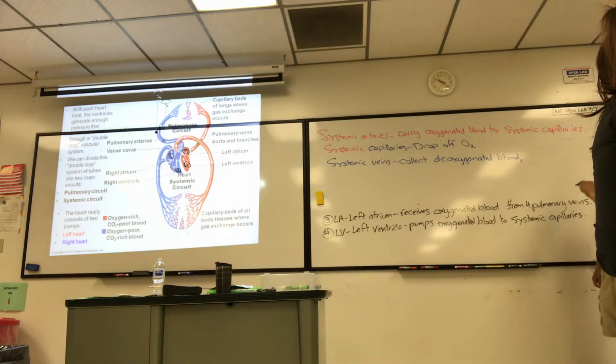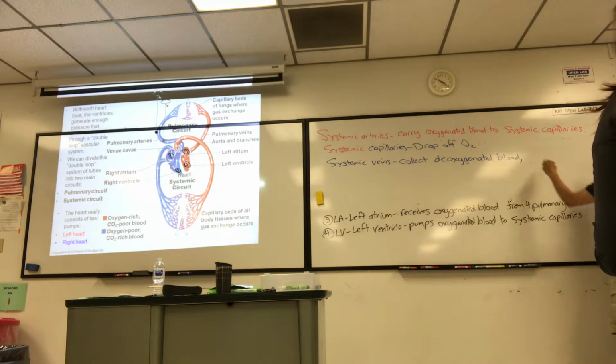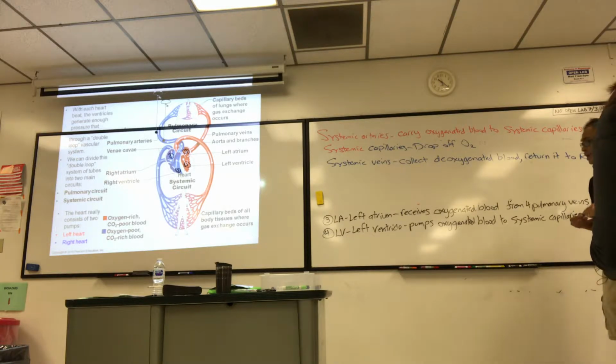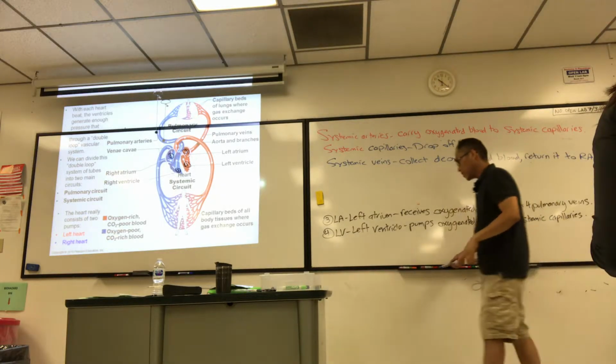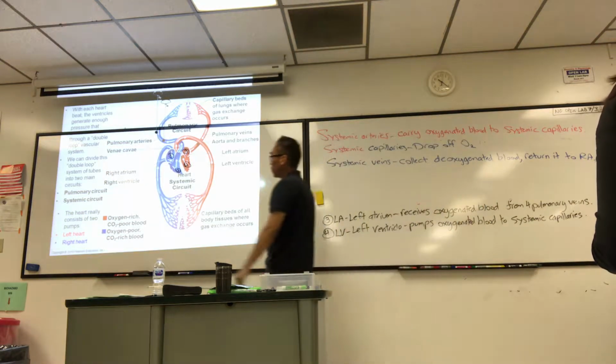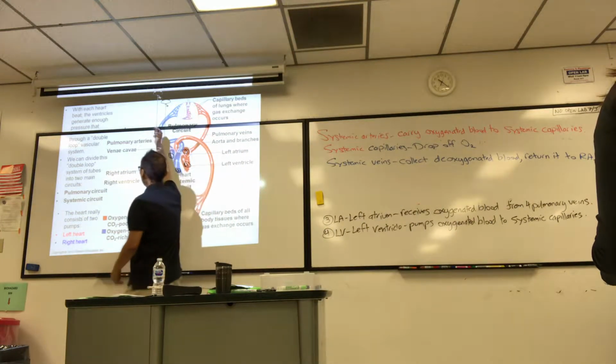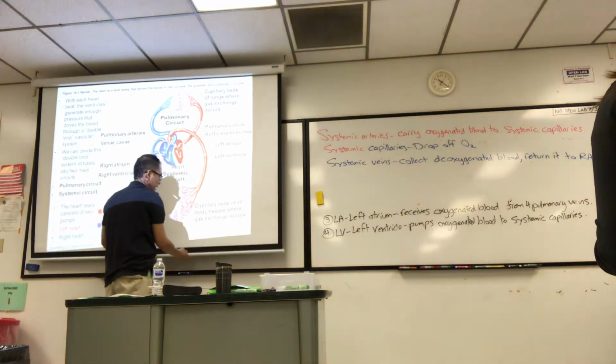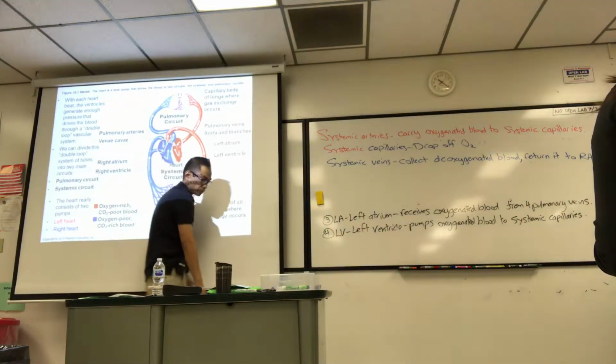Return it to RA, where we started. One, two, three, four. So we're back to where we started. And if you're following, we did a double loop. We went through the pulmonary circuit, that's one loop. And then we did the systemic circuit, that's another loop.